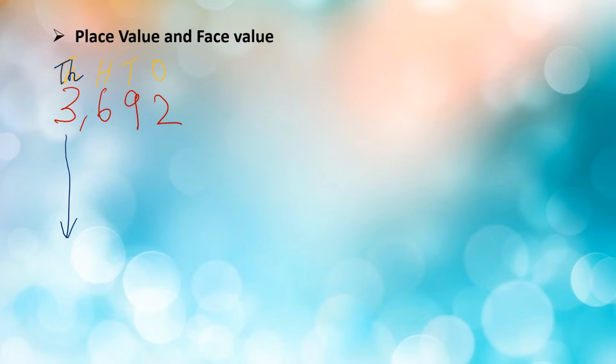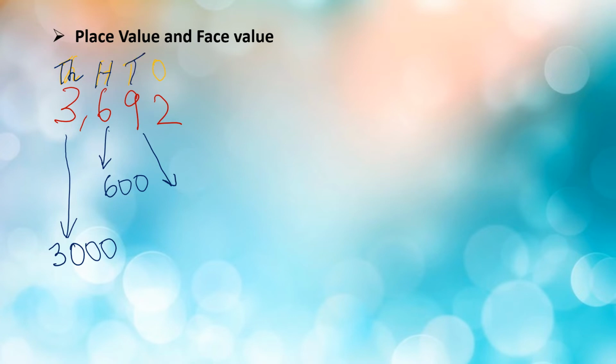So the place value of 3 is 3000. Now I move on to the hundreds place, where the number 6 lies. So the place value of the digit 6 in this numeral is 600. Now the next digit is 9, and it lies in the tens place.